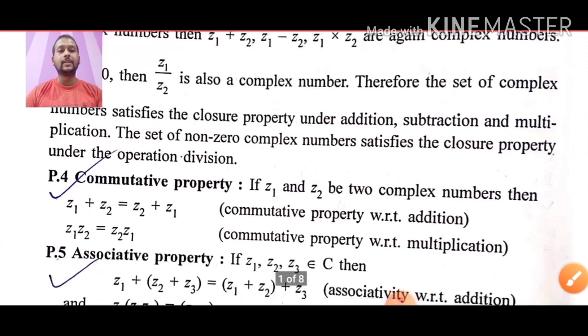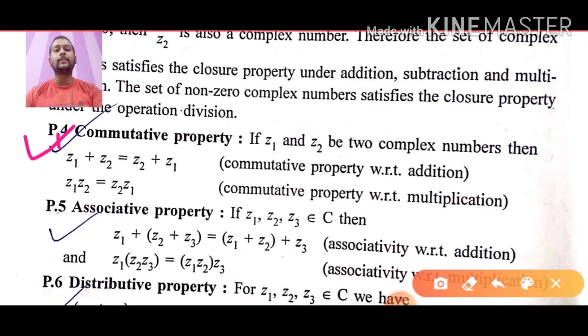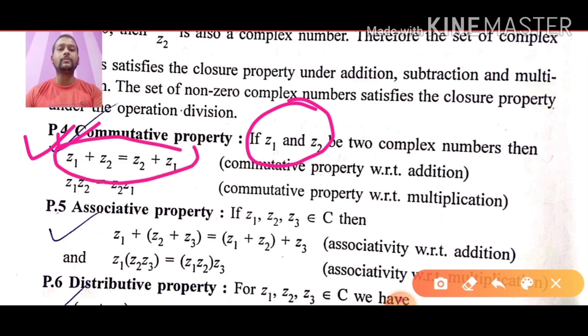Next, commutative property. This also we learned before. If you are adding a plus ib and ib plus a, both are the same. Like that, if you take two different complex numbers z1 and z2, then adding z1 plus z2 or z2 plus z1, both are the same.